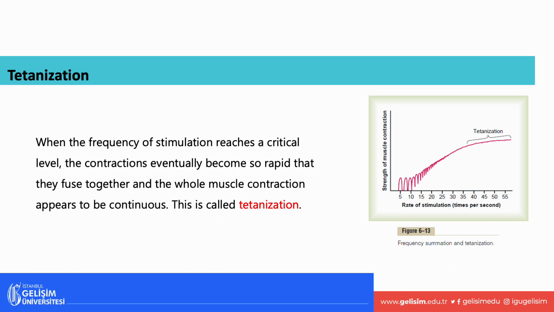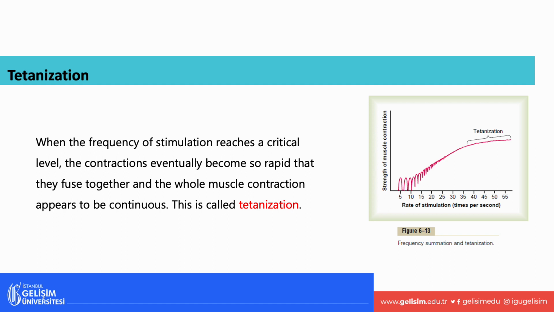Going back to what we said, tetanization is a phenomenon in muscle physiology where a sustained muscle contraction is produced due to high frequency stimulation of muscle fibers. When the frequency of stimulation reaches a certain threshold, the individual muscle twitches fuse together, and the muscle fiber is unable to relax completely between contractions.